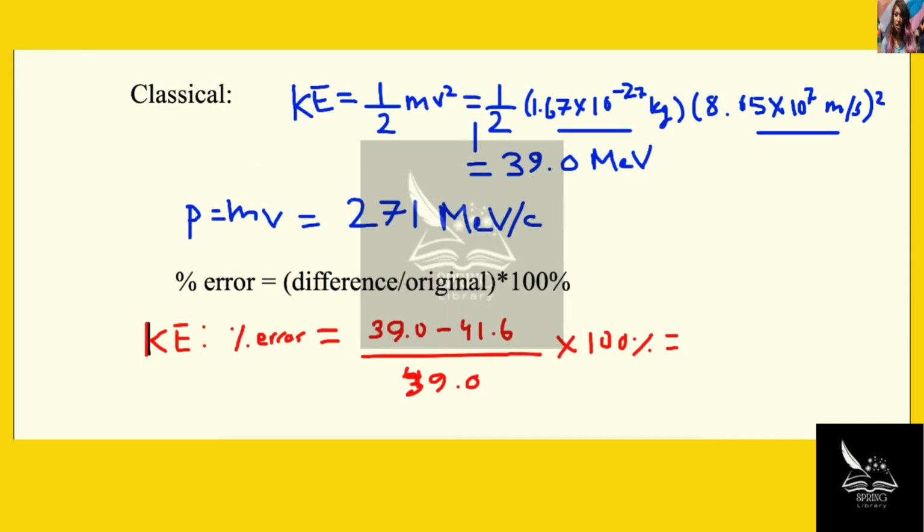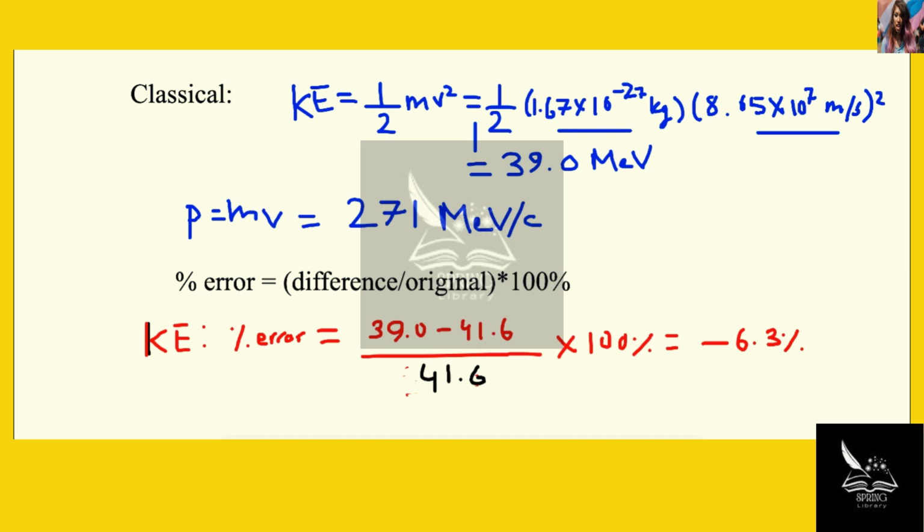And that gives you, pardon me, it will be divided by the 41.6, which was the actual relativistic KE. And so that gives you negative 6.3% when you work that out.